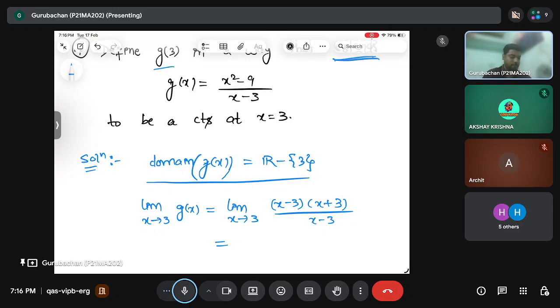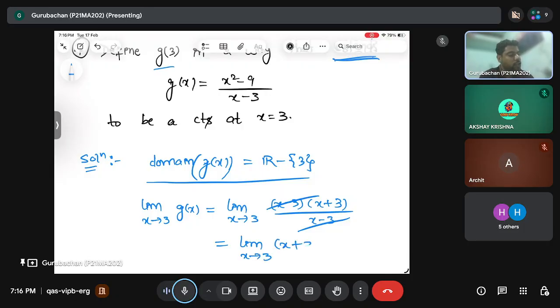Can we cancel them? Yes, sir. Why? Because we are not discussing at x equal to 3. We are discussing the neighborhood of 3, excluding 3. So we may cancel it out and we are left with the limit as x tends to 3 of x plus 3.